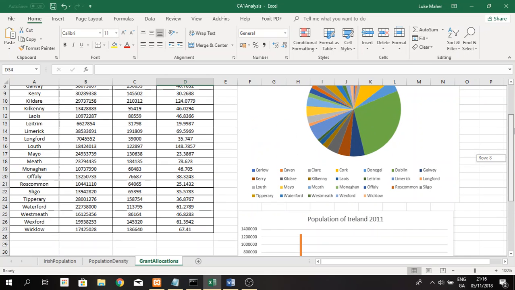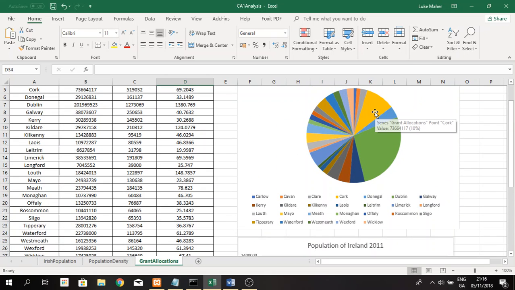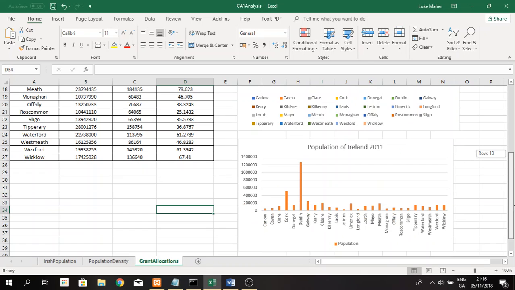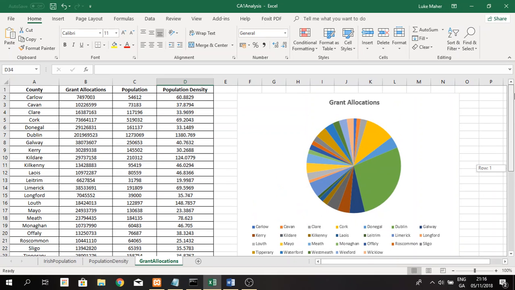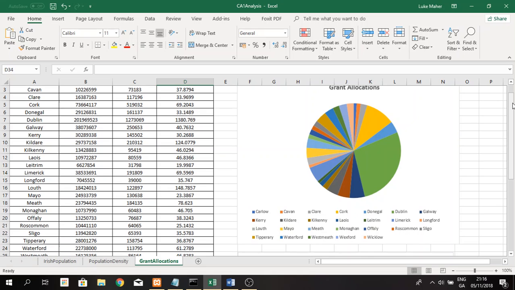And second biggest is Cork, which is this one here, and which gets 10% of the grant allocations. And looking at the population, yeah, it makes sense, really, kind of. And then all the counties here that don't get as much would be smaller counties, or they wouldn't be as dense in comparison to Dublin, we'll say.